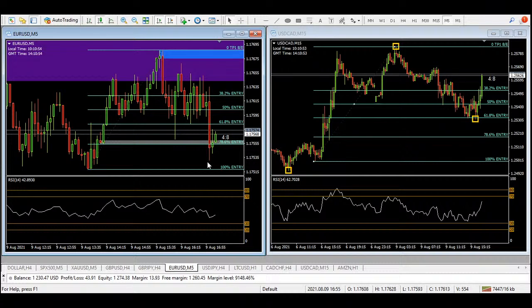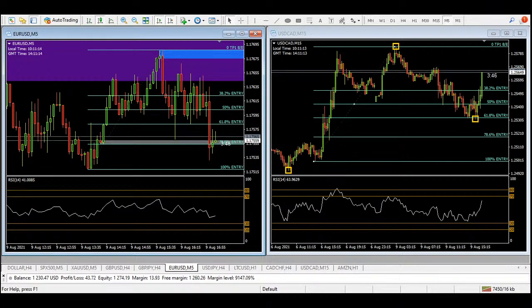All right, we did get a push through to 78.6. Whiskey cat is looking good.